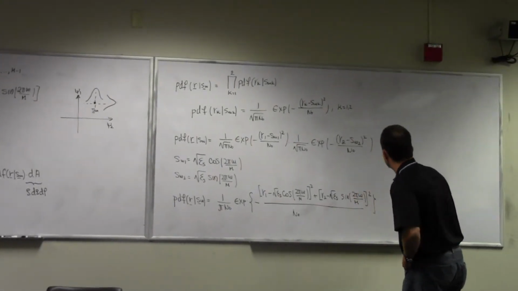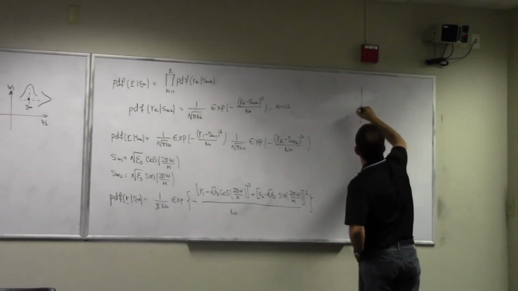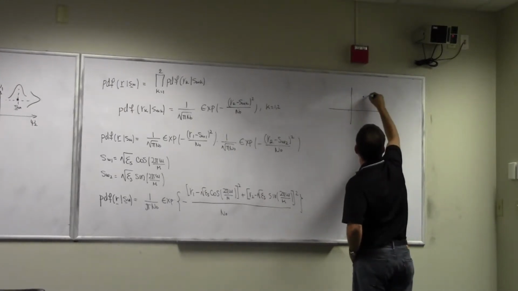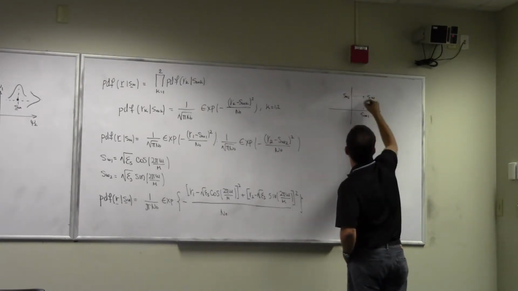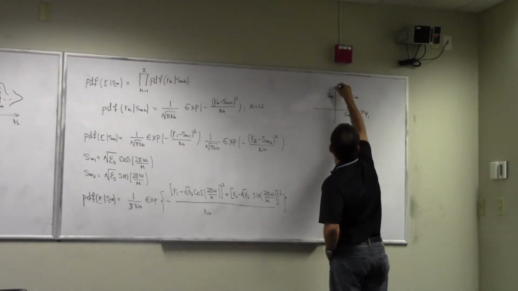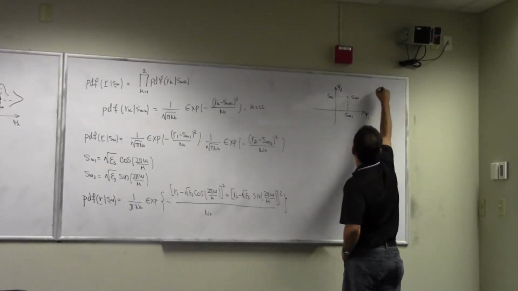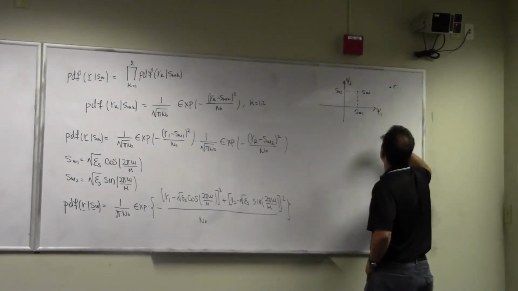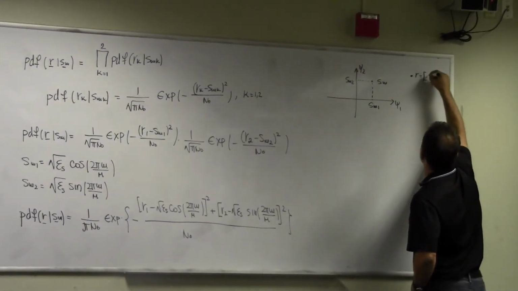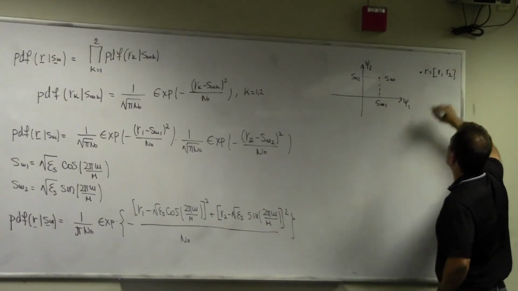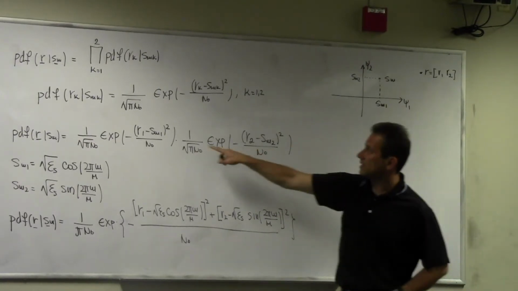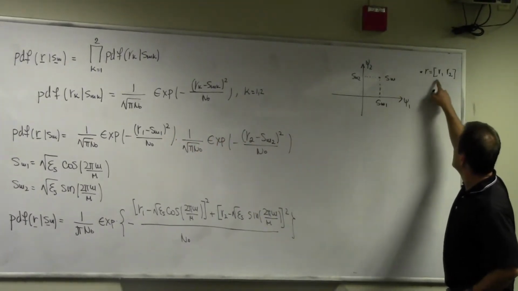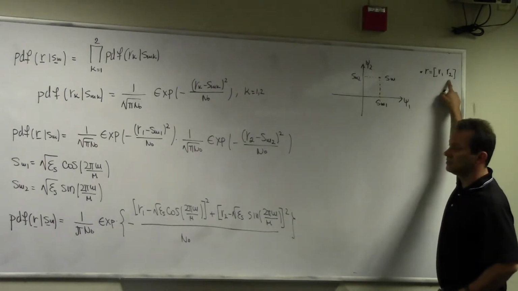So let's understand what this means. Let's say this is my Sm. This here is Sm1, and this here is Sm2, right? This is psi 1, psi 2. Now let's say this is R, which has coordinates R1 and R2. What am I doing here? I'm taking R1 minus Sm1 squared plus R2 minus Sm2 squared.